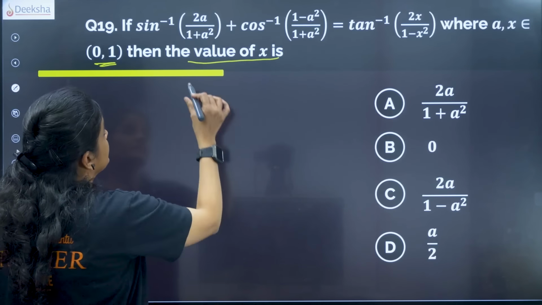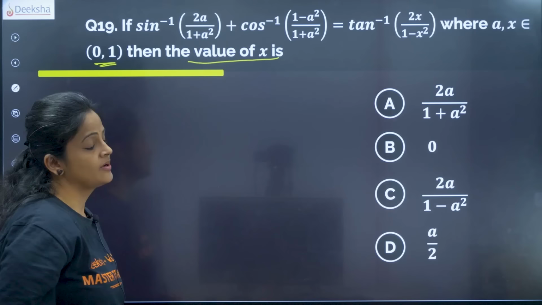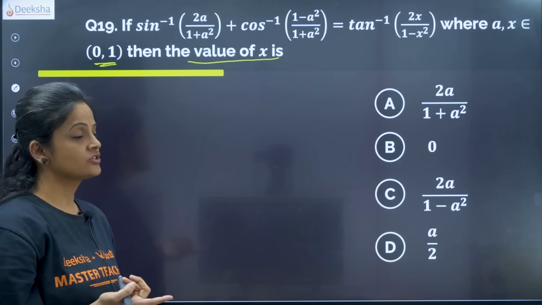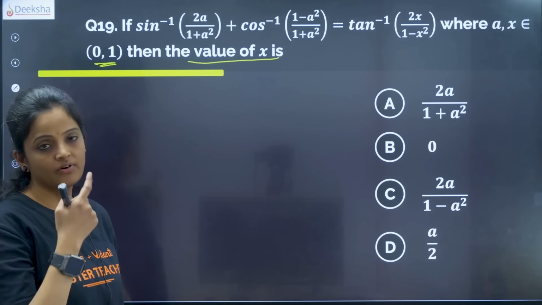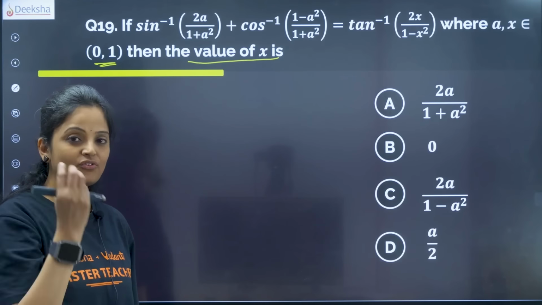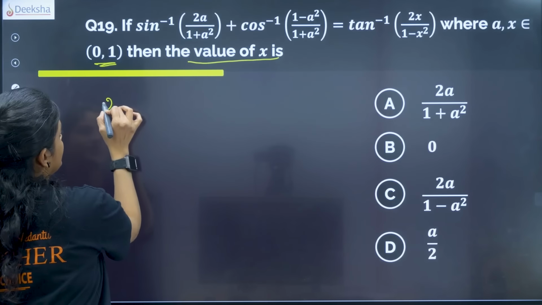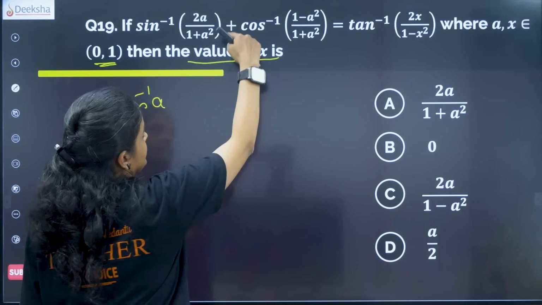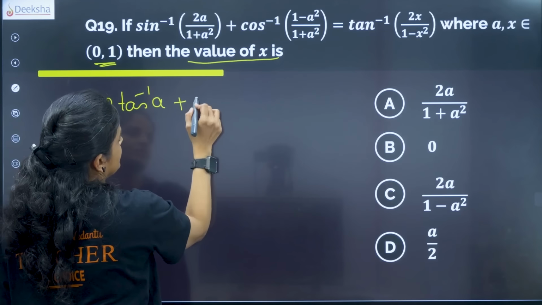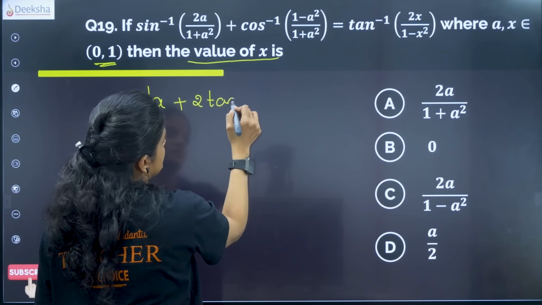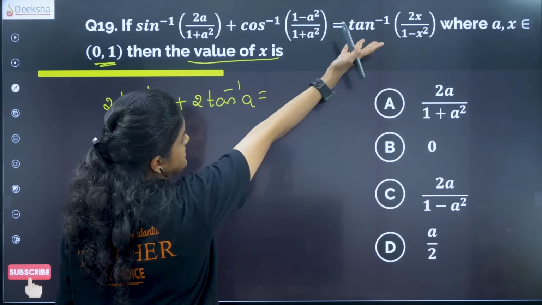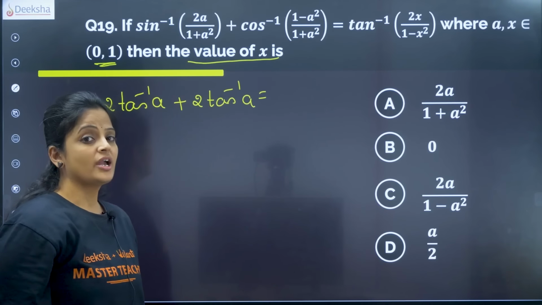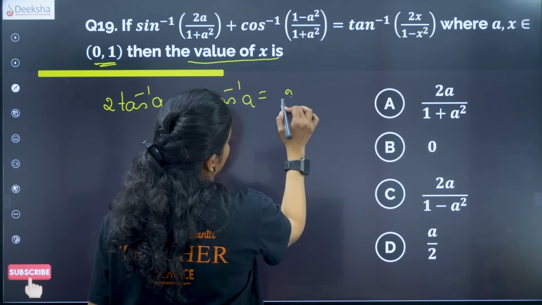Sin inverse of 2a divided by 1 plus a square, is this familiar to you? Of course, this is the formula for 2 times tan inverse a. And this is the formula of the same, 2 times tan inverse a once again, and that is the formula for 2 times tan inverse x.